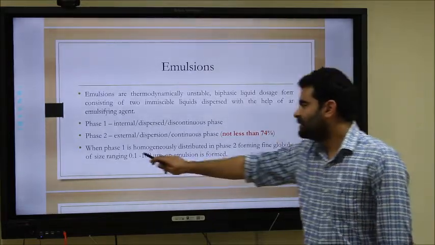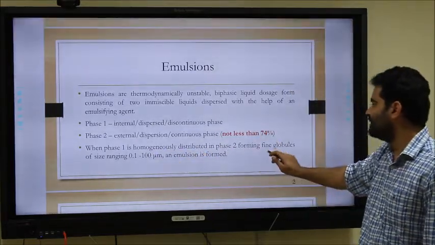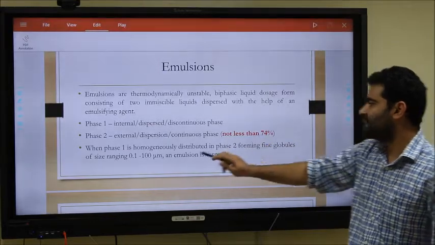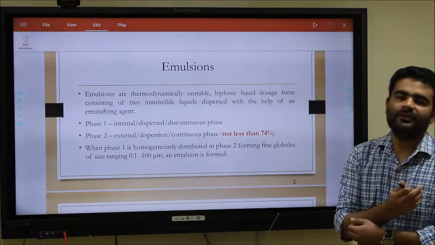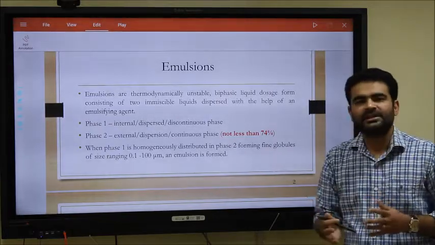When phase 1 is homogeneously distributed in phase 2, forming fine globules with size ranging from 0.1 to 100 micrometers, an emulsion is formed. So how is an emulsion formed?